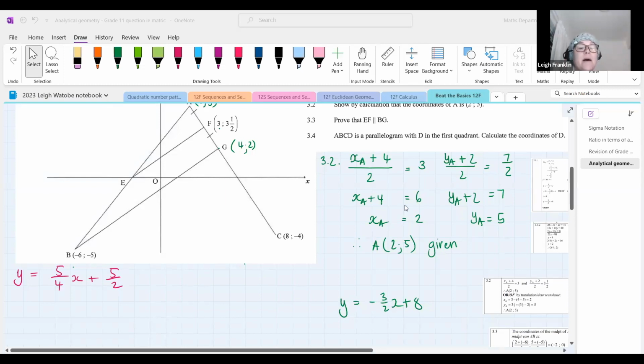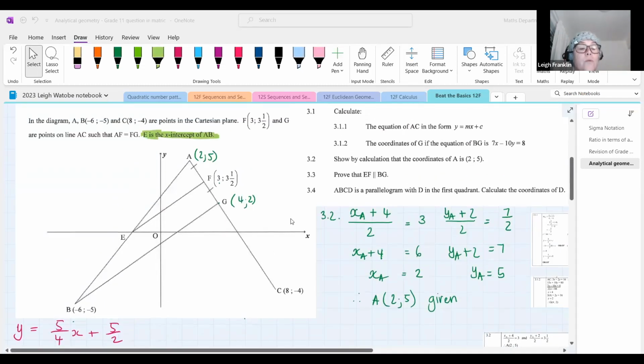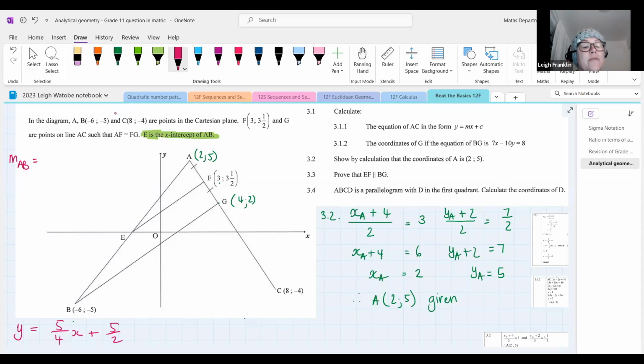Okay, so Tamia, when we want the equation of a straight line, we first work out the gradient of AB. The gradient of AB is the change in y over the change in x. So 5 plus 5 over 2 minus negative 6, which gives us 10 over 8, which is 5 over 4.